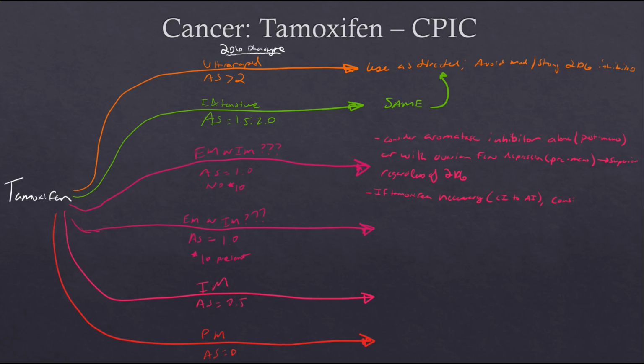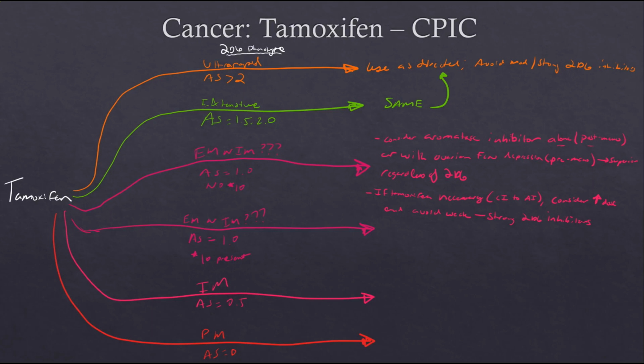So this recommendation is a little bit longer for the intermediate metabolizer with an activity score of 1.0 with no star 10 allele present. So what they tell you is to consider an aromatase inhibitor alone for postmenopause or an aromatase inhibitor with ovarian functional depression treatment for premenopausal patients.